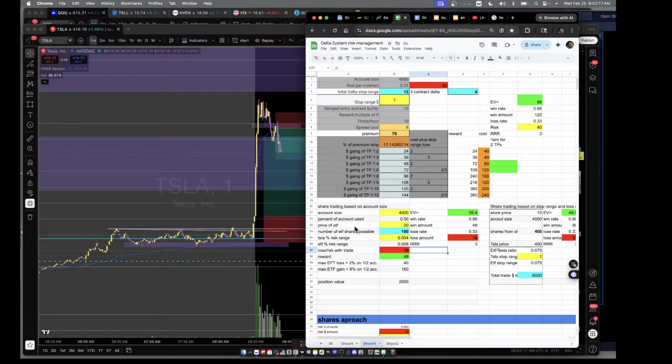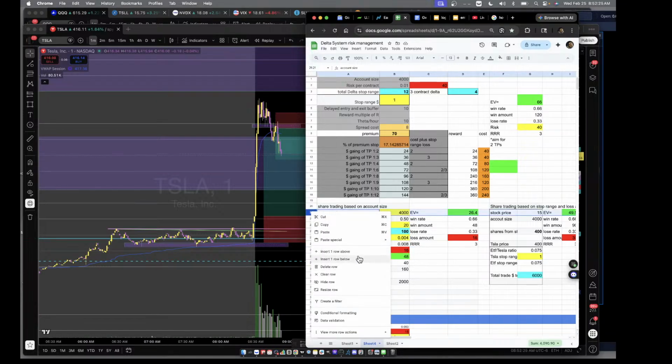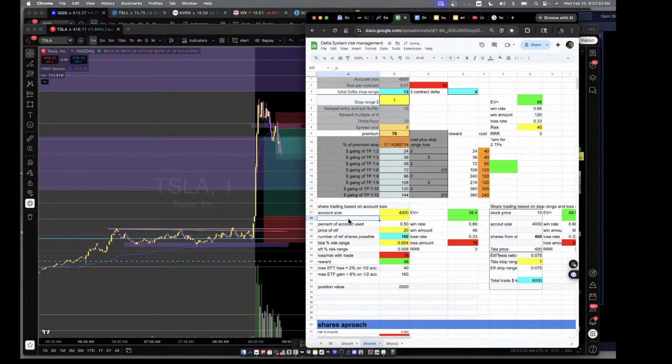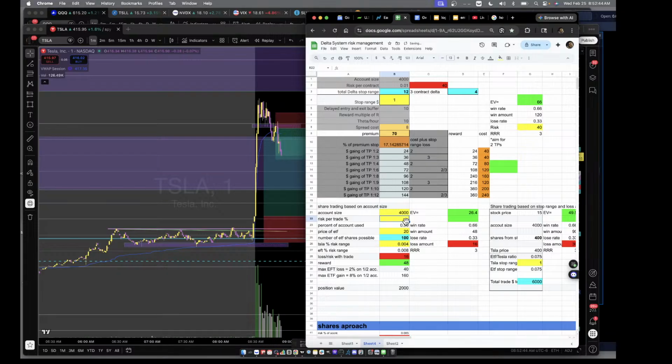So, risk per trade. I was working on this yesterday. Alright, risk per trade is 0.555.